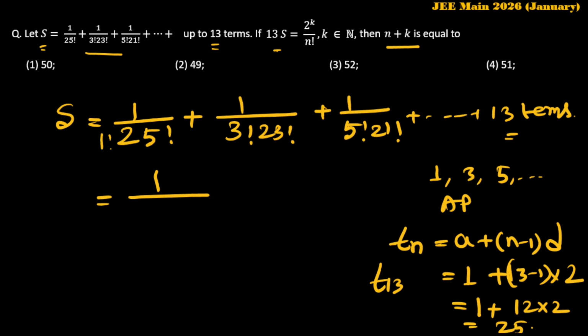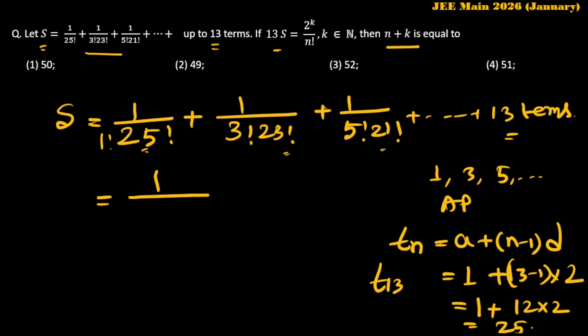Therefore the terms go up to 25 factorial. The other factorial goes 25, 23, 21, decreasing by 2, while the first increases by 2. So it is up to 13 terms. That means it goes from 1, 3, 5 up to 25, and the other goes from 25 decreasing down to 1 factorial.